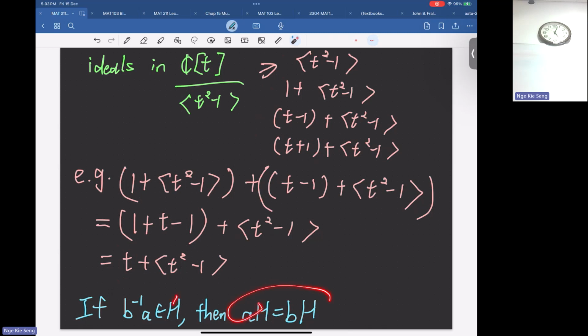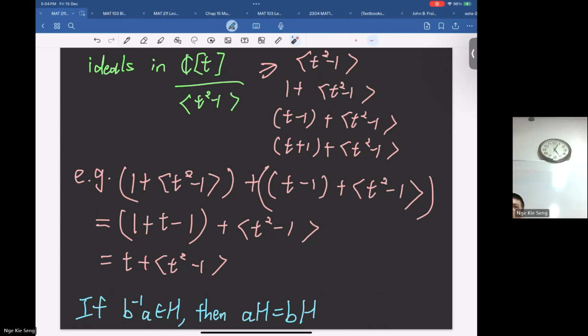Can you show that it is in the ideal generated by T squared minus 1? Any idea?